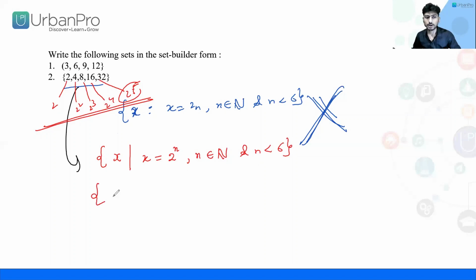Okay, and another form is 2 to the power n, where n belongs to N, natural number set, and n is less than 6. This can also be the form. You can also use this symbol, the such that symbol. Okay, so both of them are correct.